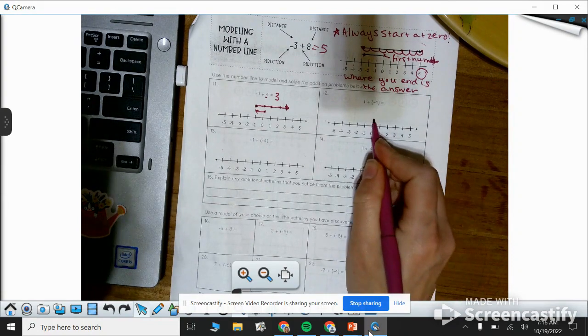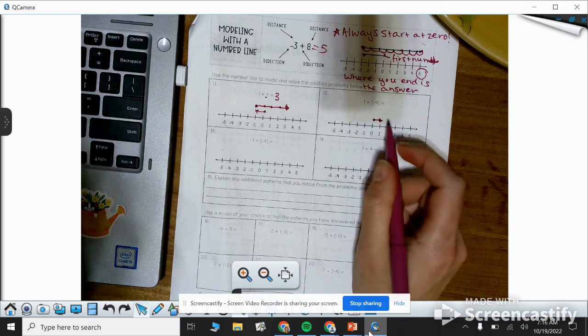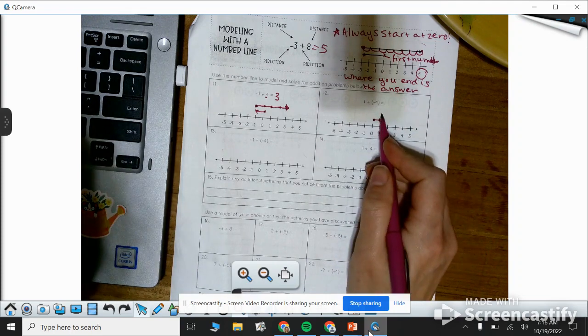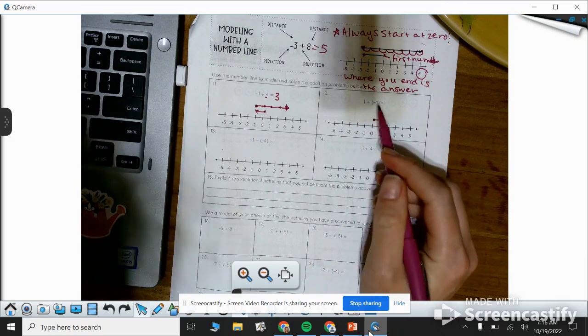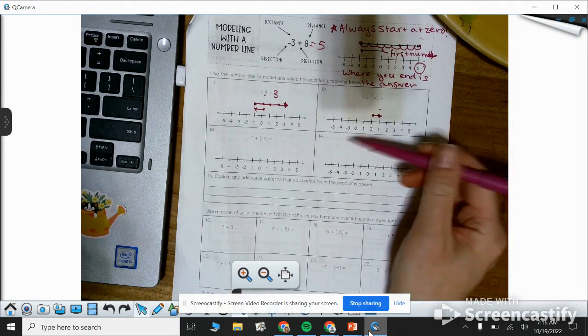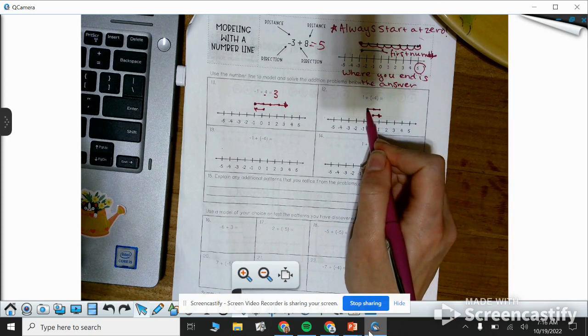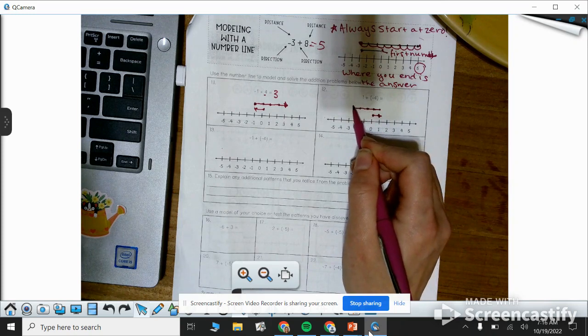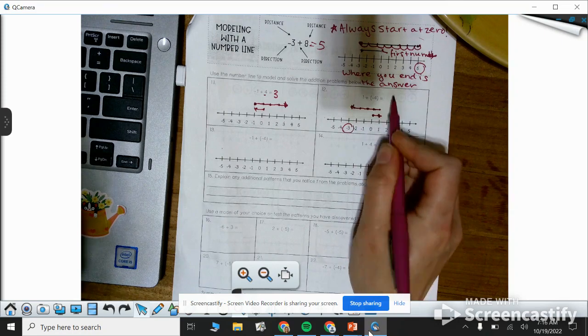And we're going to go up 1. Now I'm at +1. My second line is going to start right here at +1, wherever I left off. And it says -4, so I need to go back this way. 1, 2, 3, 4. And I land on -3.